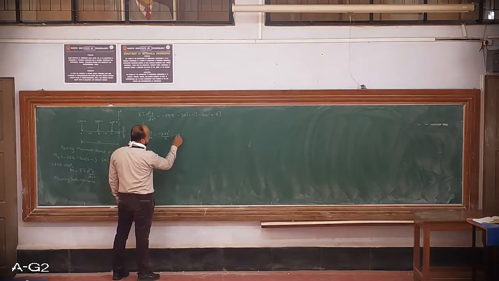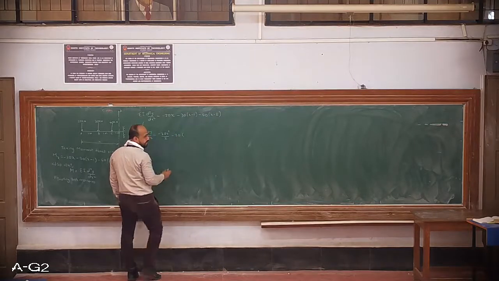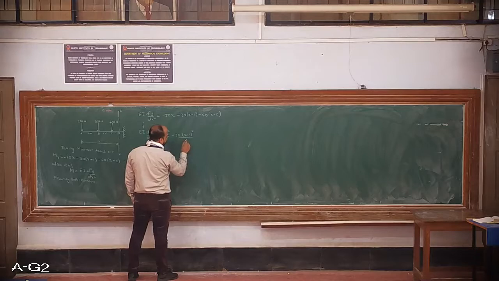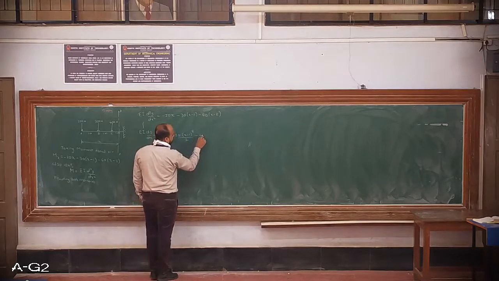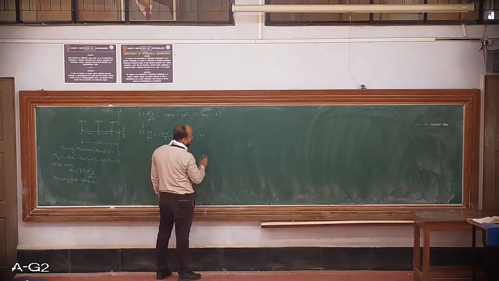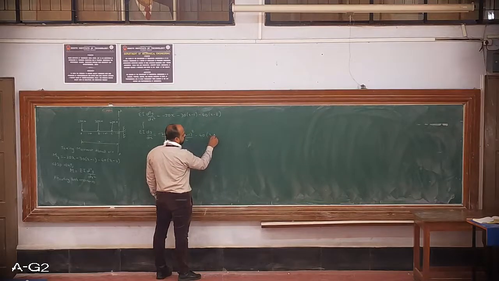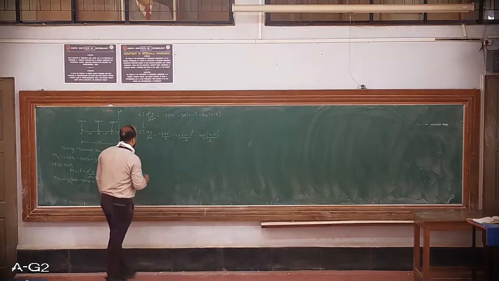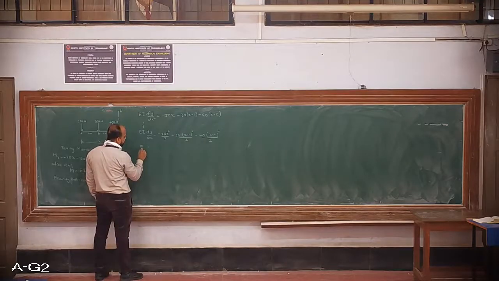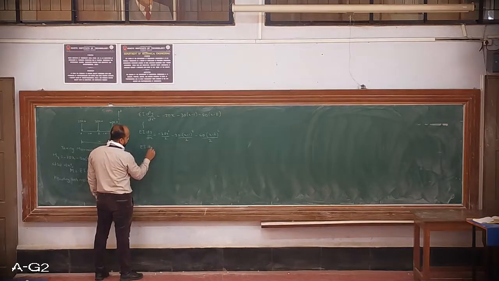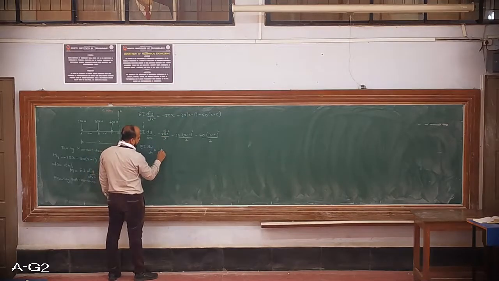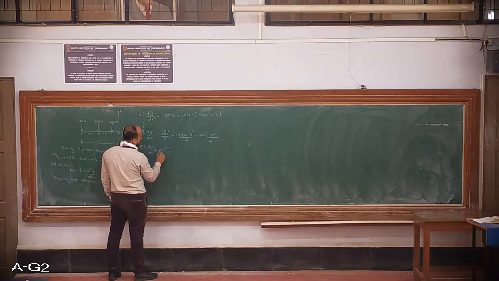Minus 30, the integration of x minus 1 is the same, x minus 1 whole square divided by 2. Minus 40, the integration of x minus 2 is x minus 2 whole square divided by 2. So write down again, we will simplify this: EI dy by dx is equal to minus 10x square.